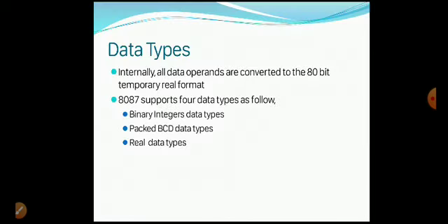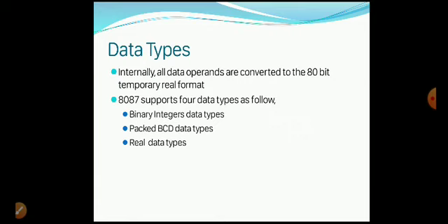Basically it supports three different kinds of data types. First is the binary integer data type, second is the packed BCD data type, and third one is the real data type. But finally, the internal structure of the 8087 is designed in such a way that all the data operands are finally converted into 80-bit temporary real format.